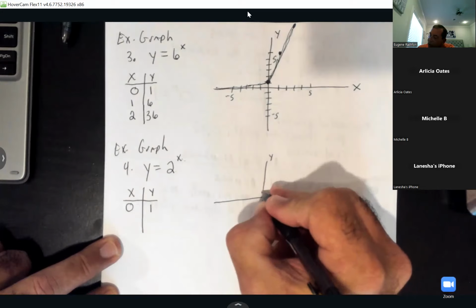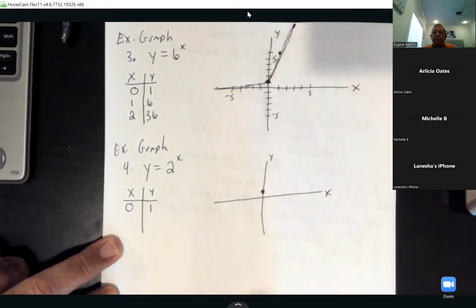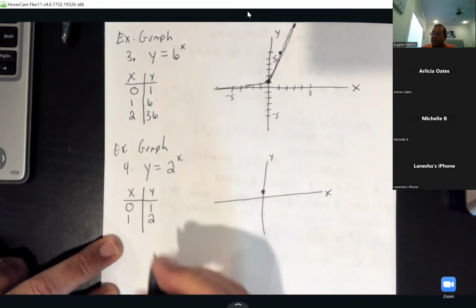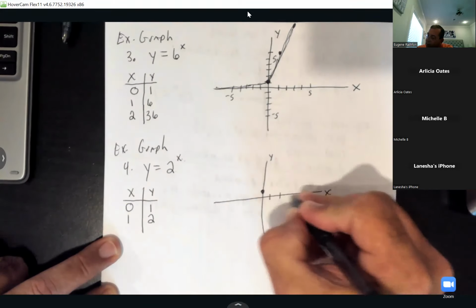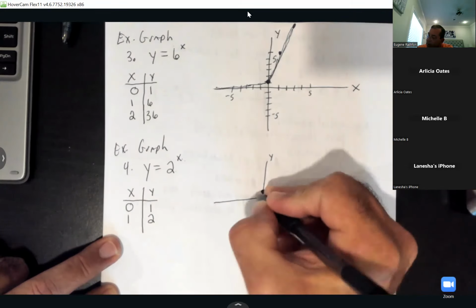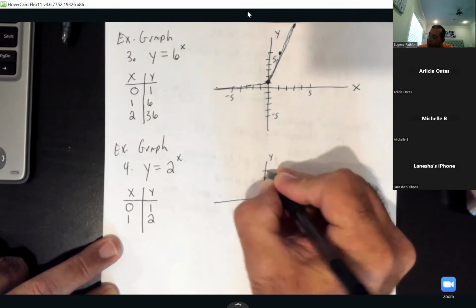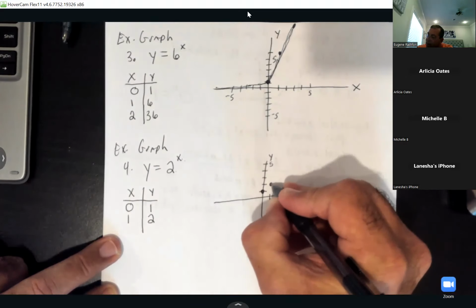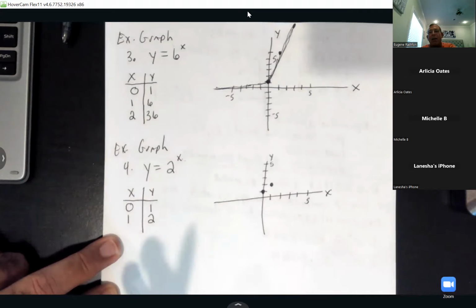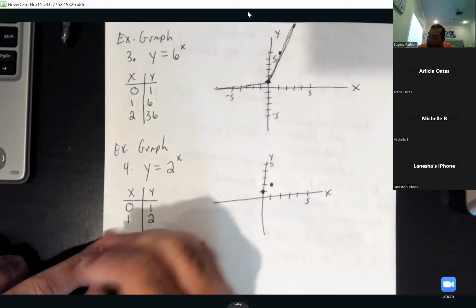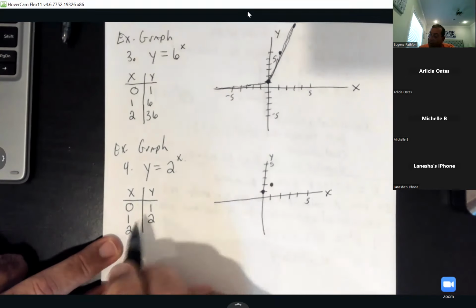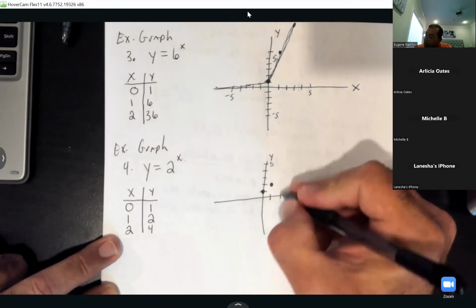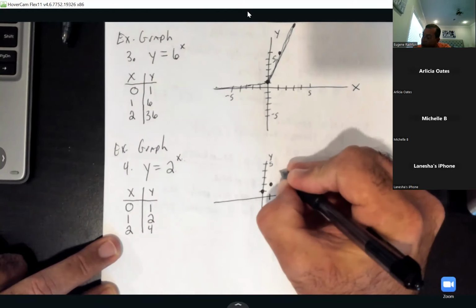So I'm still crossing here at 0, 1. If I put a 1 in there, 2 to the first is 2. So at 1, I'm at 2. So notice this smaller number is not going to quite be as steep as quick, but it'll get there. If I put a 2 in there, 2 times 2 is 4. So at 2, I'm going up to 4.